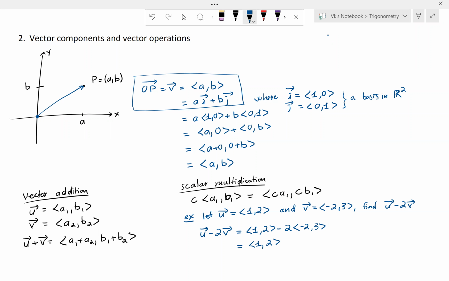You can distribute the number 2 in, or you can distribute -2 in. I'll distribute -2 here. -2 times -2 is 4. -2 times 3 is -6. And then from here, we add them component-wise. 1 plus 4 is 5. But let's just do this one step and let's not skip it. 2 plus -6. This gives us (5, -4).